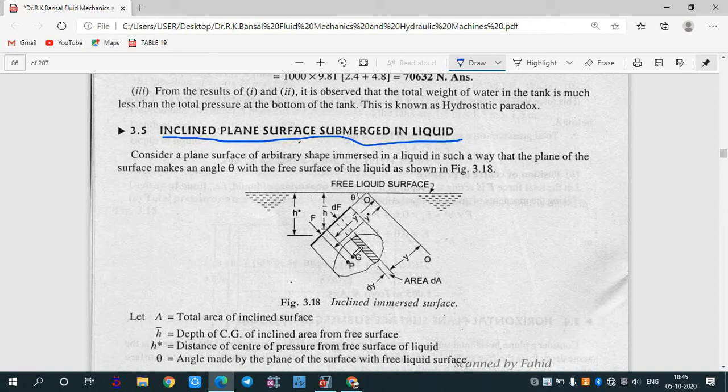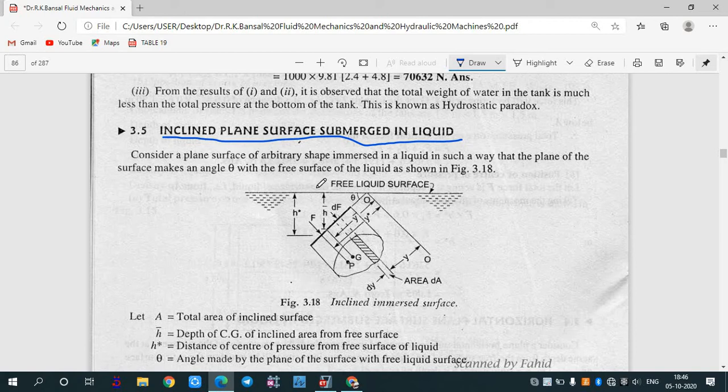All these points, the point G and the center of pressure, we will always consider from the free surface. So the center of gravity of the body is at a distance of h bar from the free surface, and the center of pressure is at a height of h star. Now we need to consider one more thing.